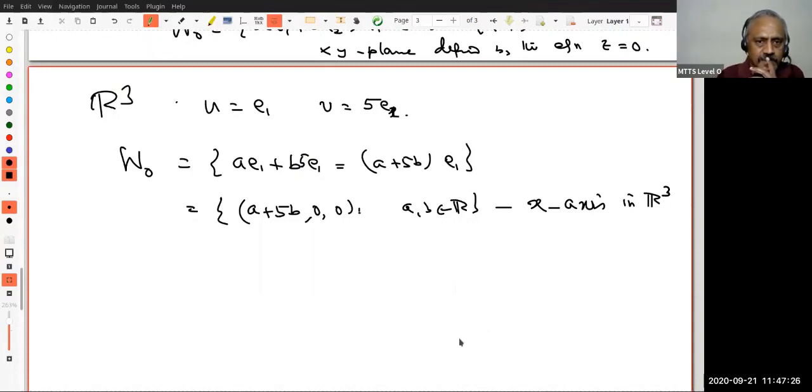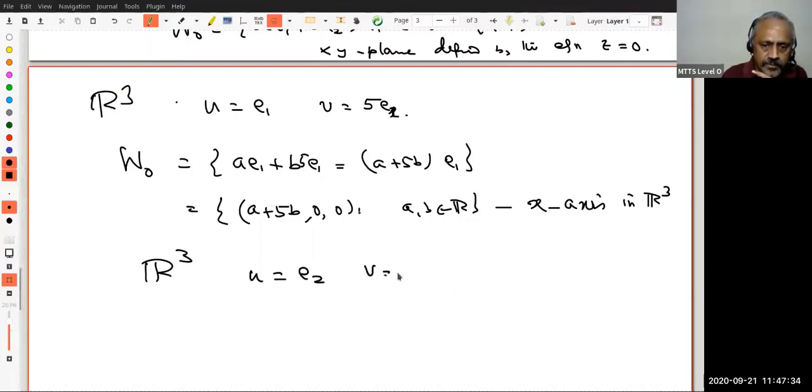Just to contrast and make sure that you follow, suppose in R3 I take U equal to E2, V equal to E3. What will be the smallest vector subspace containing U and V? Did I hear you say YZ plane? Very good.